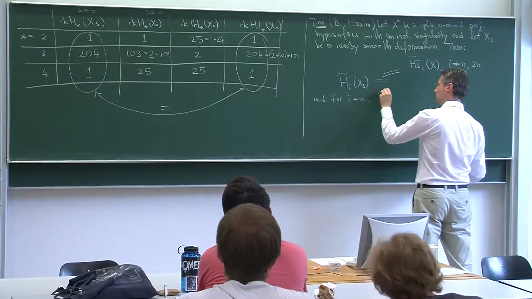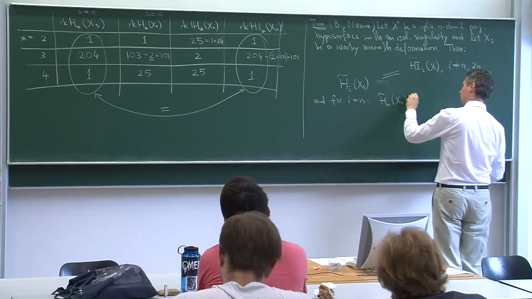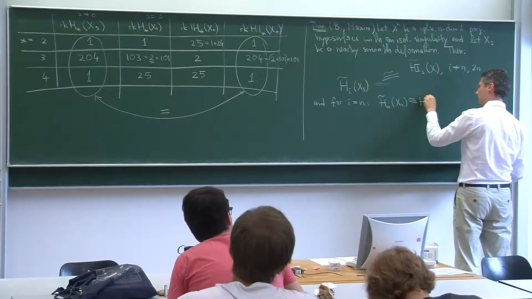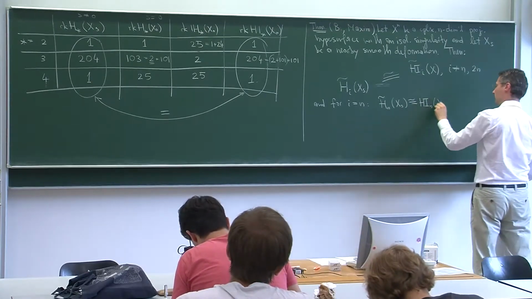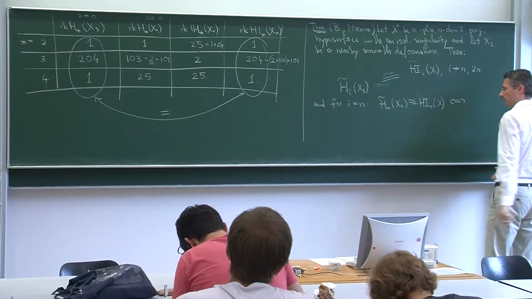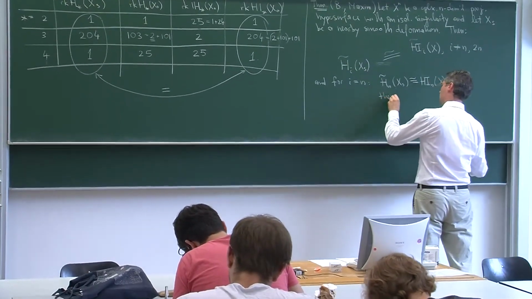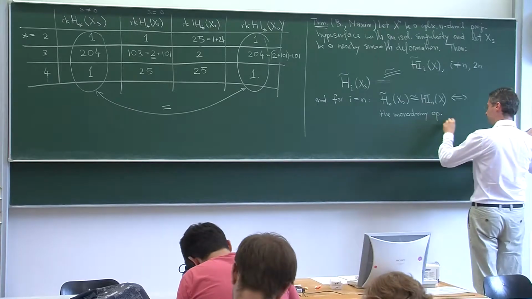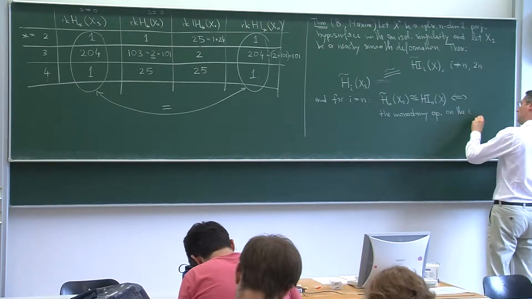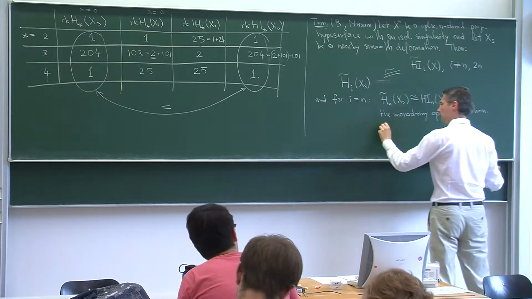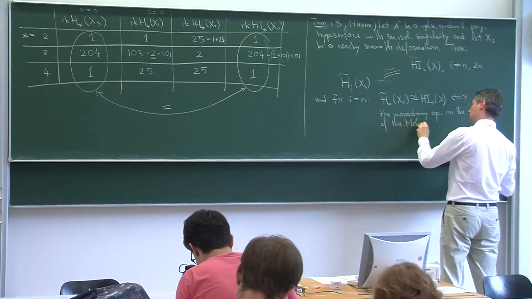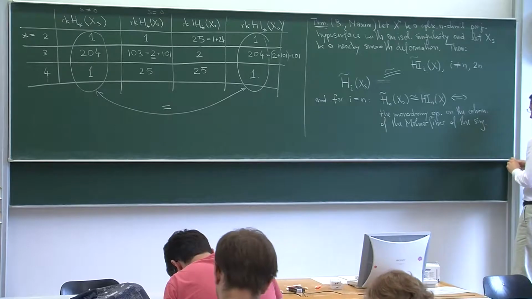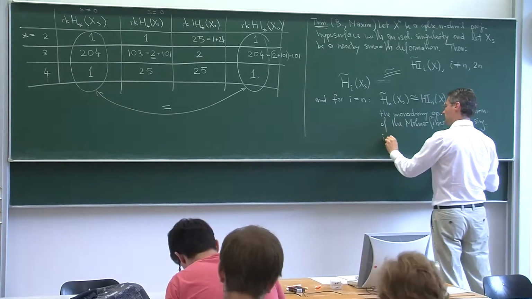So Hn of xs is isomorphic to the middle intersection homology of x if and only if the monodromy operator on the middle cohomology of the Milnor fiber of the singularity is trivial.